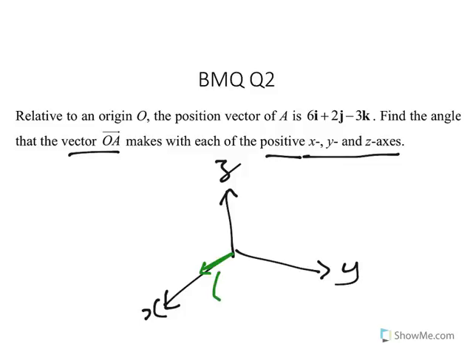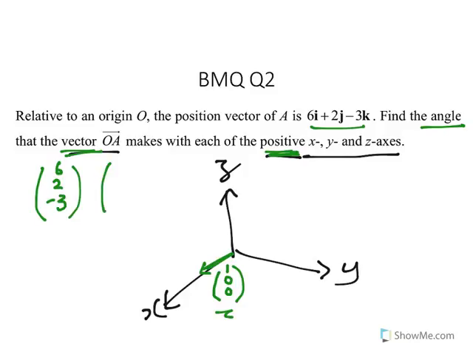One example of a vector we can use that lies on the x-axis is 1, 0, 0. So to find the angle between OA and the x-axis, we use two vectors. The first is OA, which is 6, 2, negative 3. The second vector is our x-axis, 1, 0, 0.